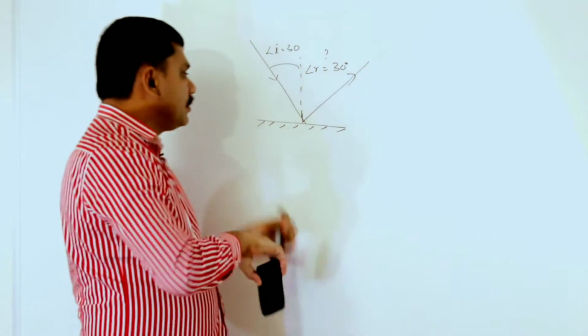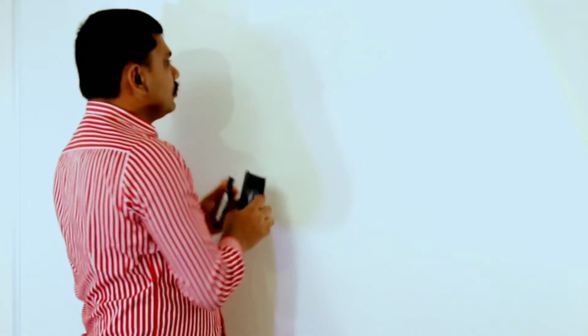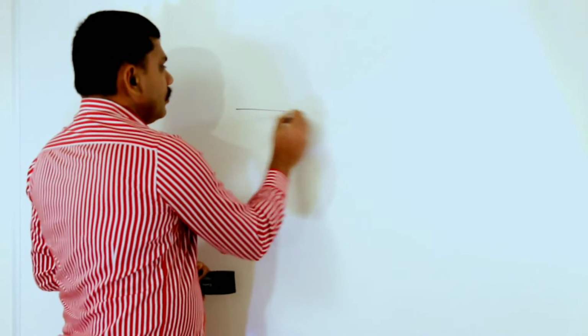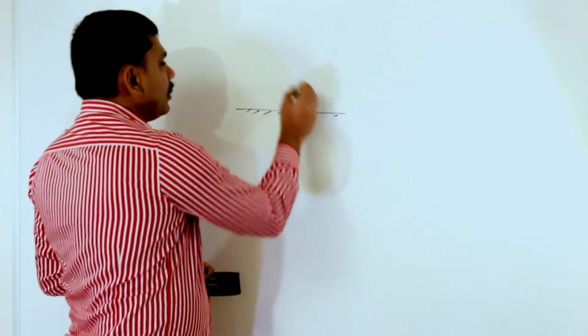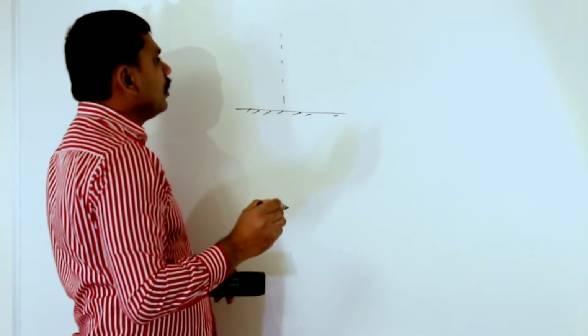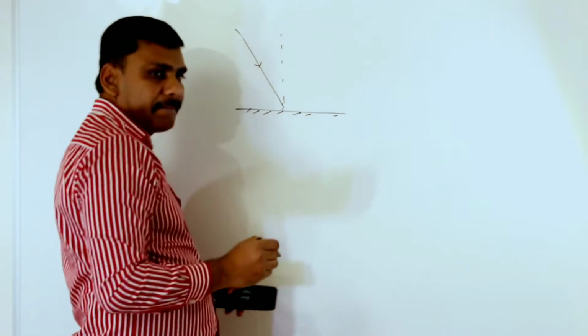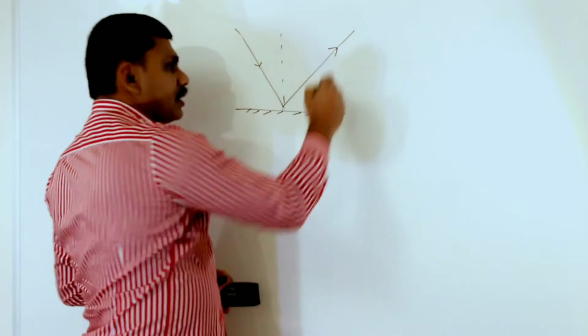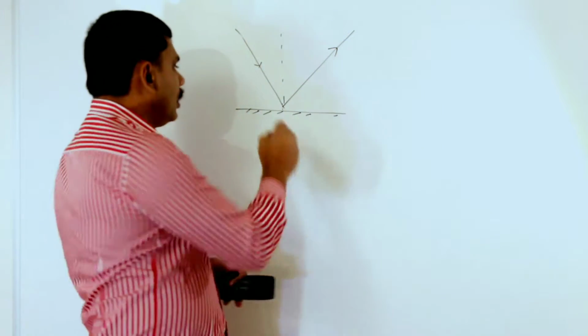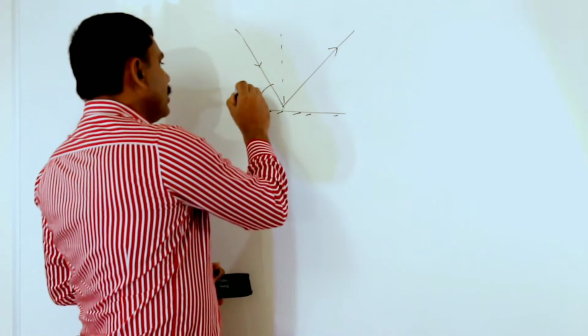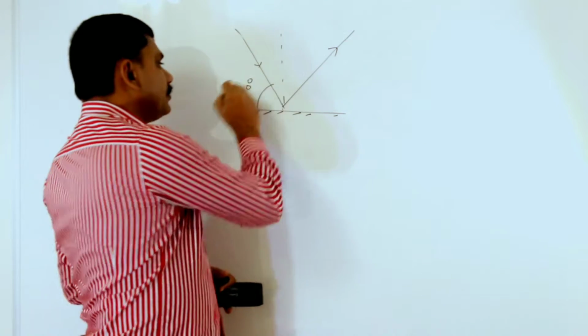Another example is a plane mirror, normal. This is the incident ray, this is the reflected ray, and here the angle is 30 degree.